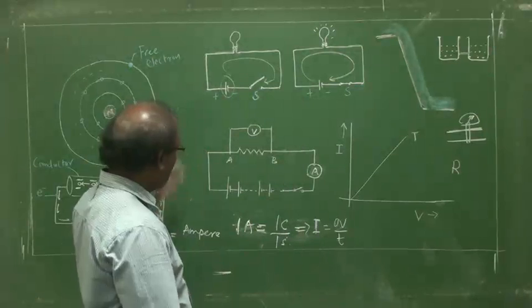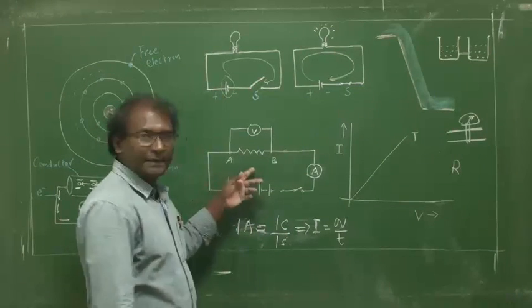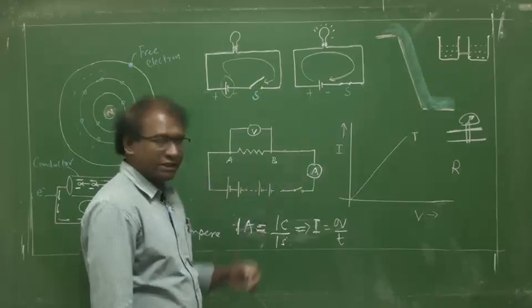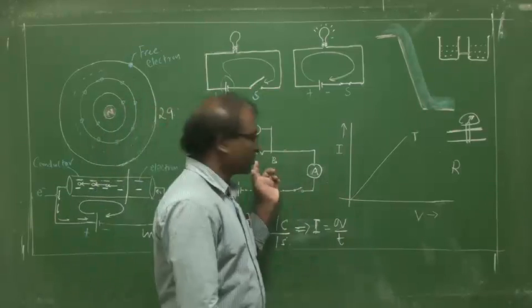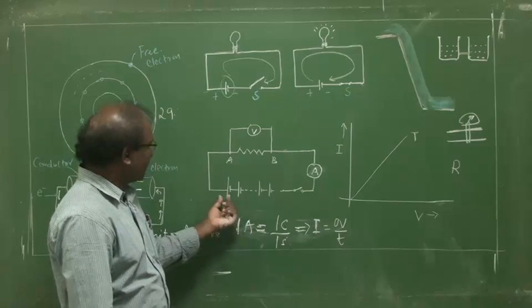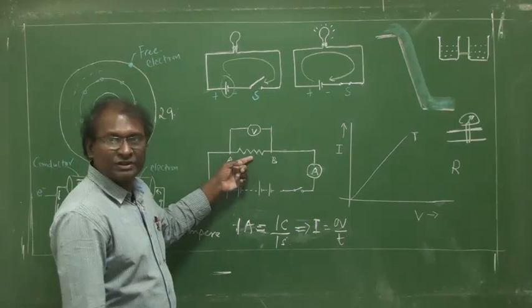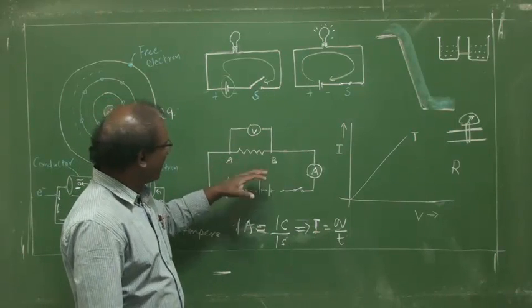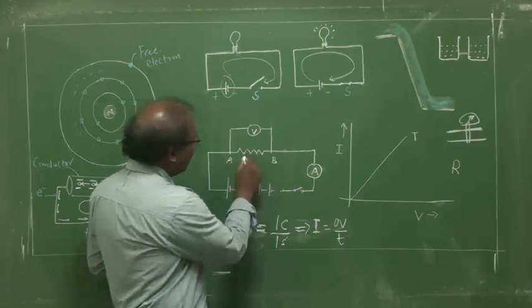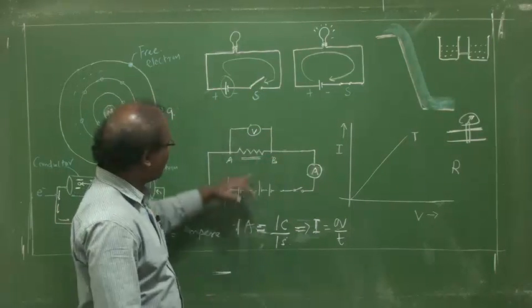Now we have come close to one more concept about the current flowing in a conductor, and there is a resistance of that conductor. What happens when you connect a battery or a cell to this conducting wire, and it has some resistance? This is a circuit symbol for a resistance.